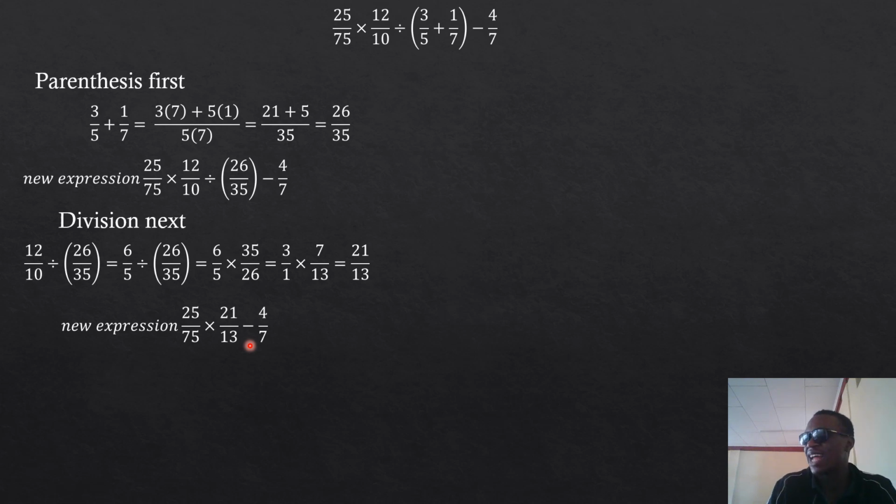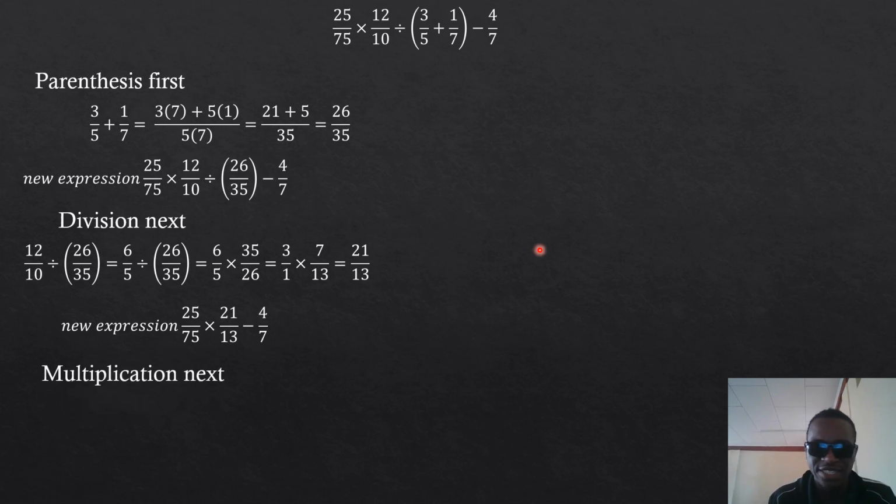We have done division. M stands for multiplication, right? So the last part, MAS. You see that M comes before S, so we'll do multiplication first before subtraction. That's what it means. So we'll now do multiplication, right?